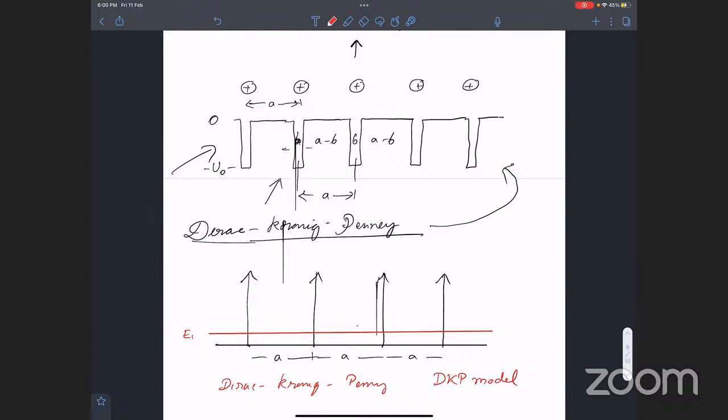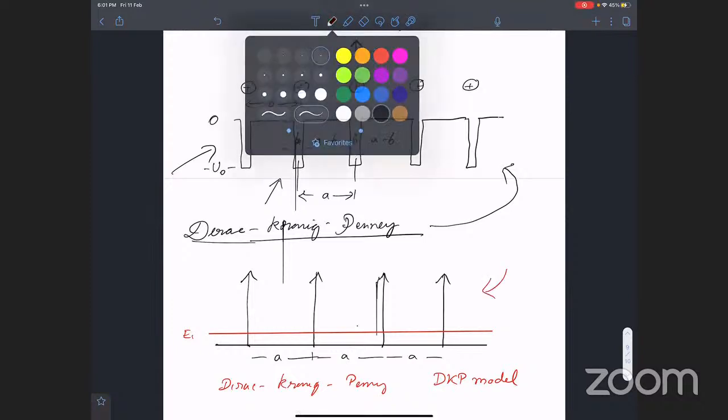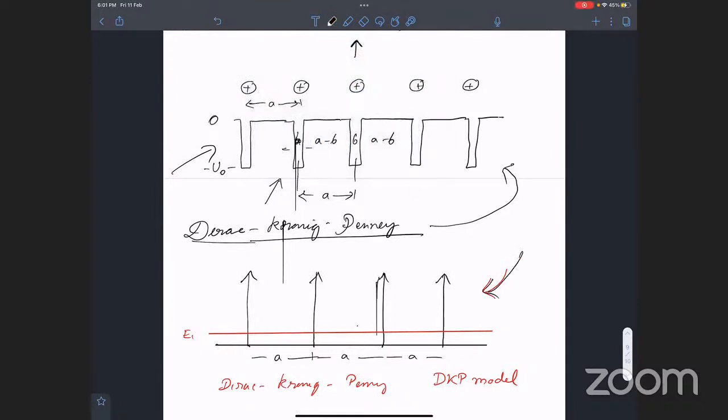Let us see what the Schrodinger's equation will reveal when we consider a periodic potential. And the simplest of that is a Dirac delta based periodic potential. Okay, and we will actually solve it in this case. And from the solution of this somewhat simplified situation, we're going to derive insights about how the electron wave function behaves in a general periodic potential. Okay. And that is what we're going to do next.